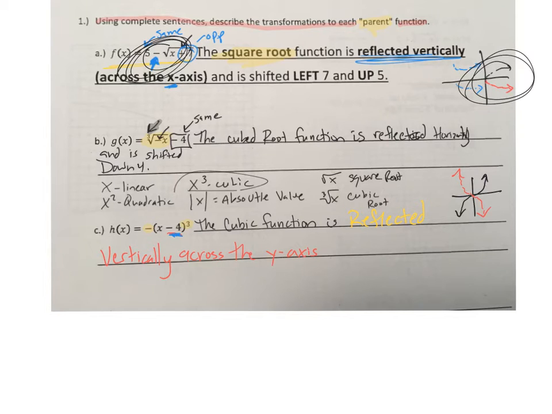And we have to remember the inside means opposite. So I see -4. So I'm going to, and is shifted, do the opposite. So right 4. So that means that it's now going to come somewhere over here.